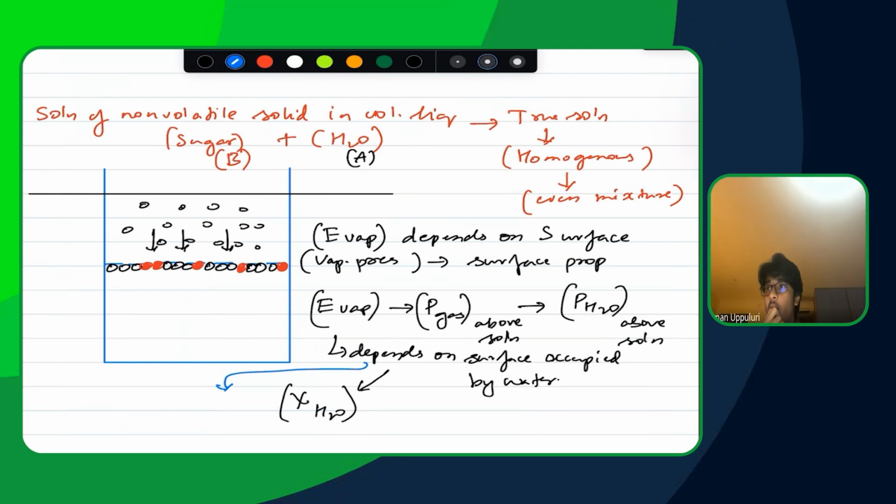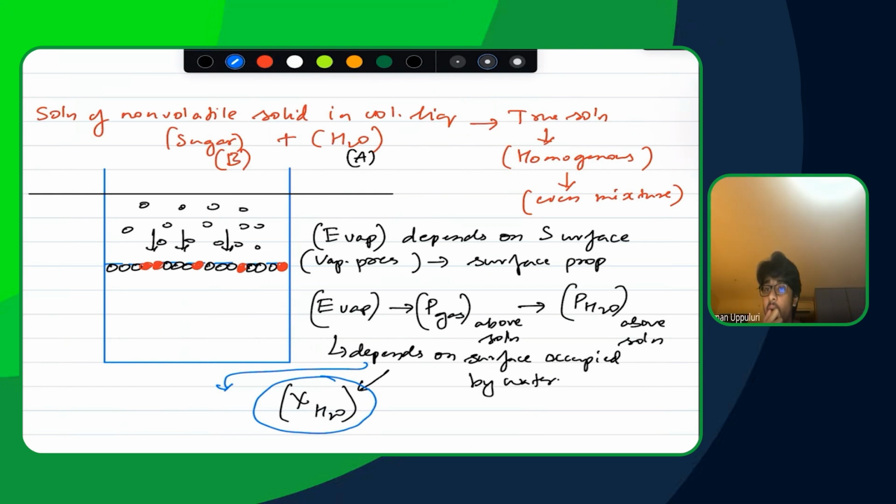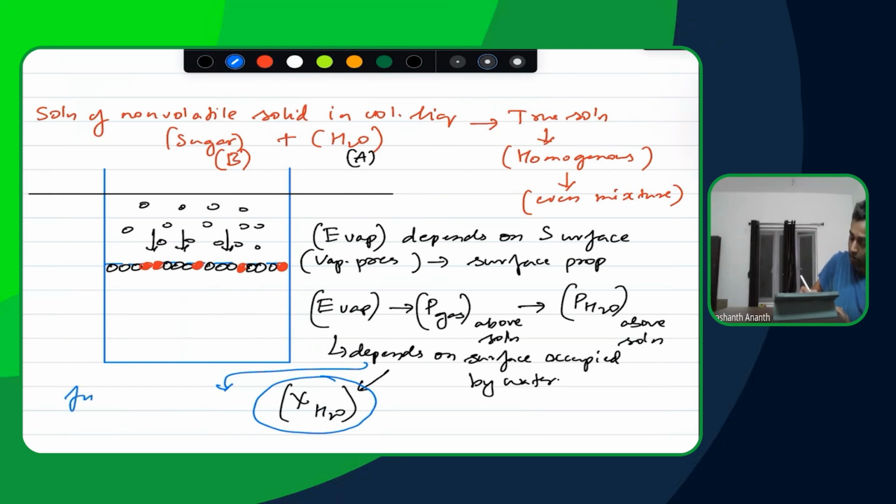It's a homogeneous mixture. That means the fraction of water present on the surface is the same as the fraction of water present everywhere else. Right? Fraction on surface is going to be same as the fraction everywhere else. Which is this.